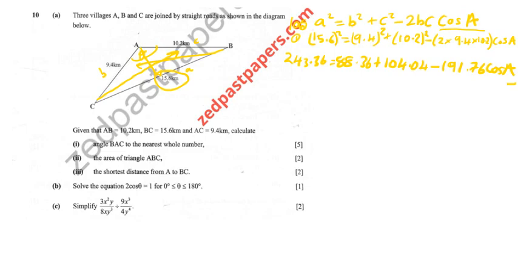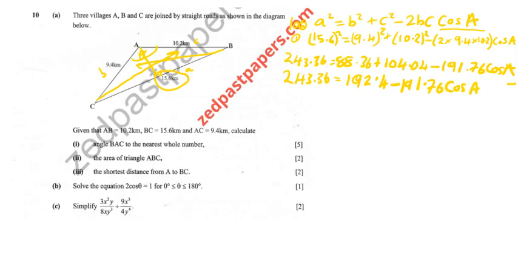You are going to have 243.36 is equals to 192.4 negative 191.76 cos A, like that.